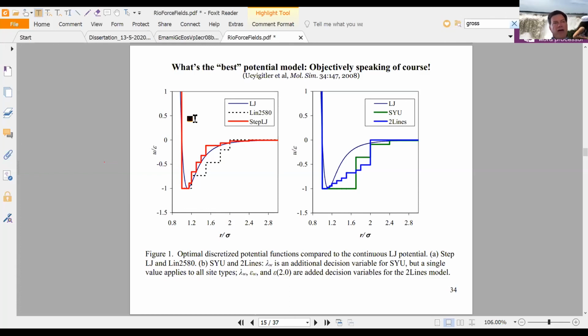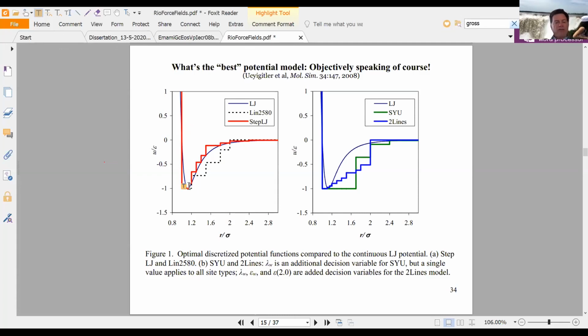I haven't done that yet, and I don't know if it's worth doing within the context of a step potential. I'm thinking about it, especially with respect to colloids. It might be worth doing, but within the step potential, no. There's no soft shoulder.